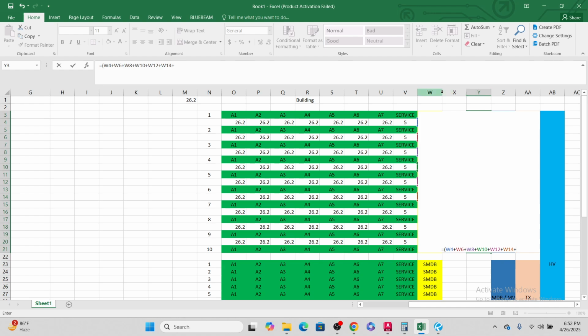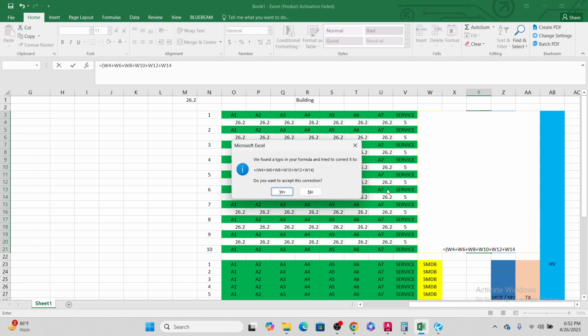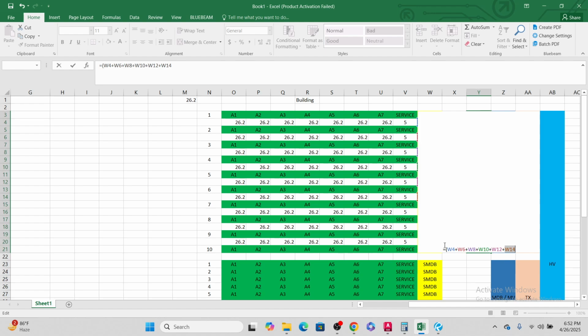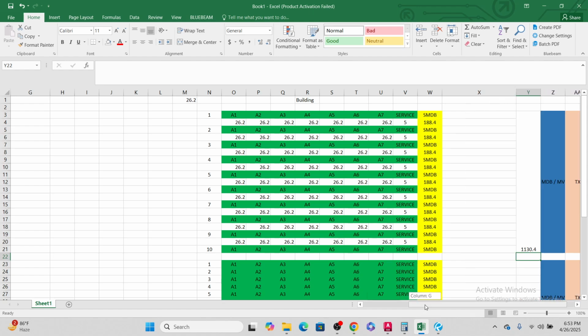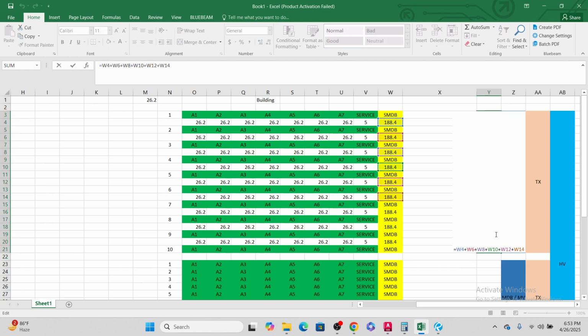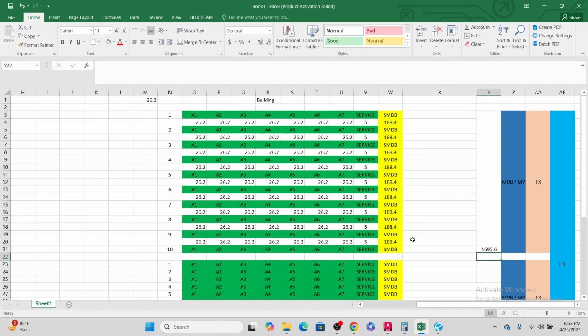I cannot see here. Sorry, let's go a little far. And this one plus here plus. So my MDB value is 1695 kilowatts.